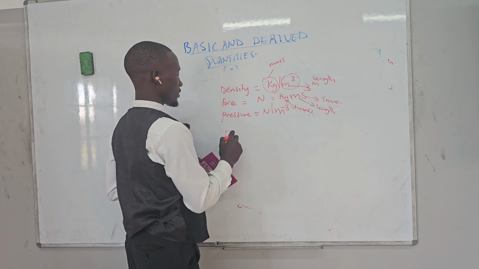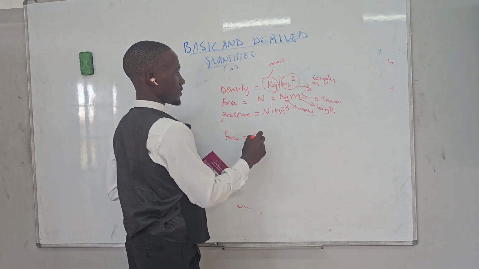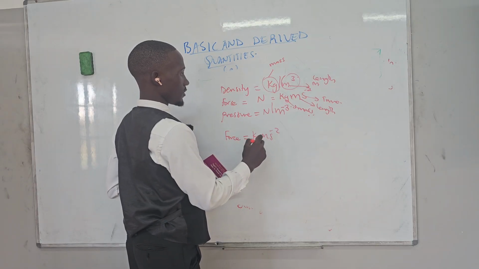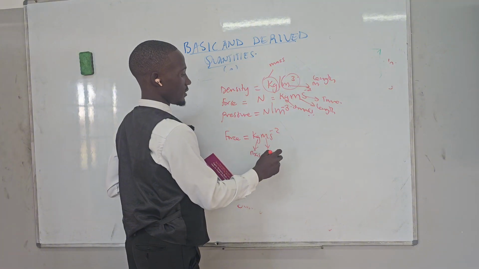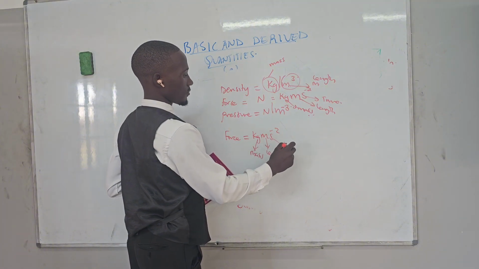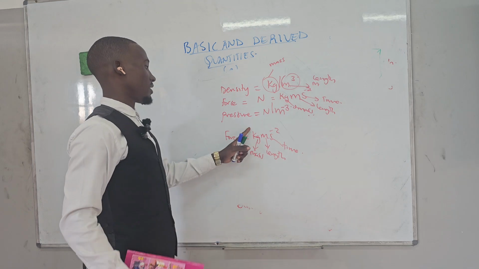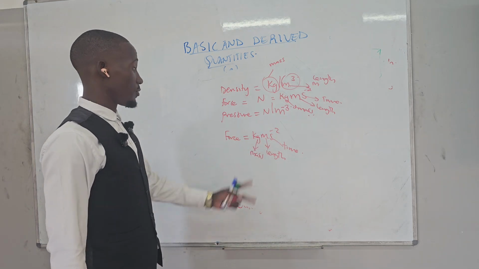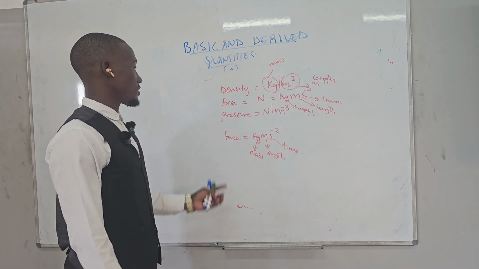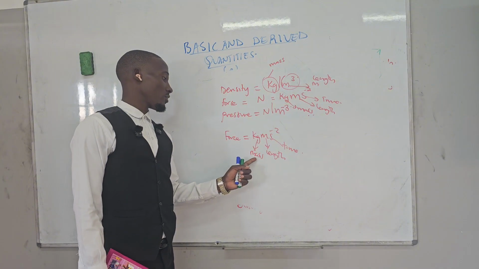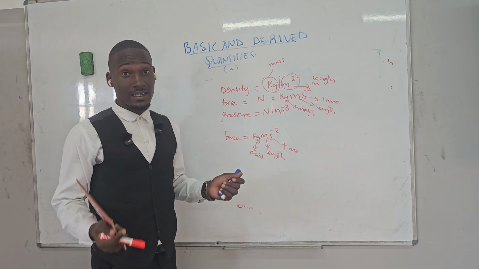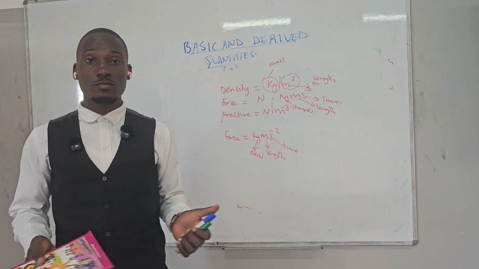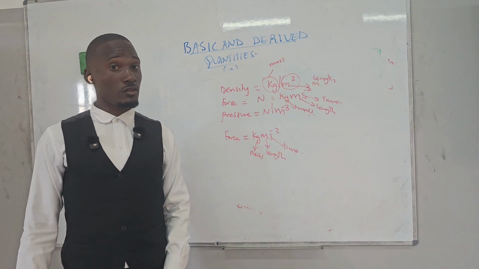So a force is having all the three. It is having a mass, it's having a length, it is having time. These are the SI units of force, all representing a newton. So it means force comes from all these three: the mass, the length, and the time. So force becomes a derived quantity. Why? It is being got from the three fundamental quantities.